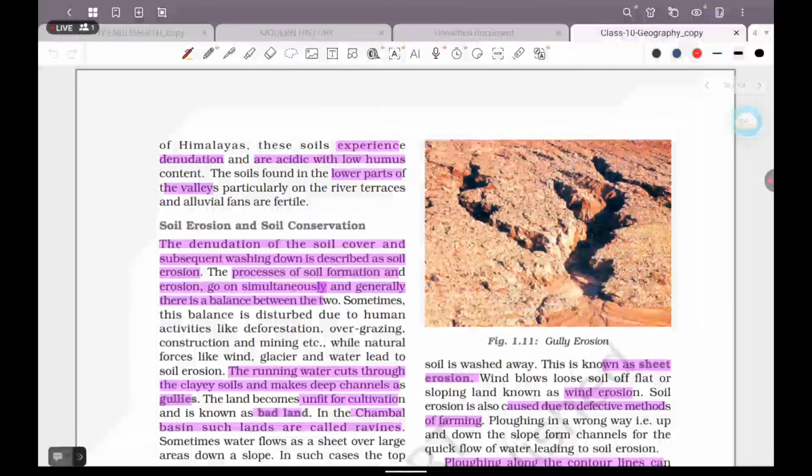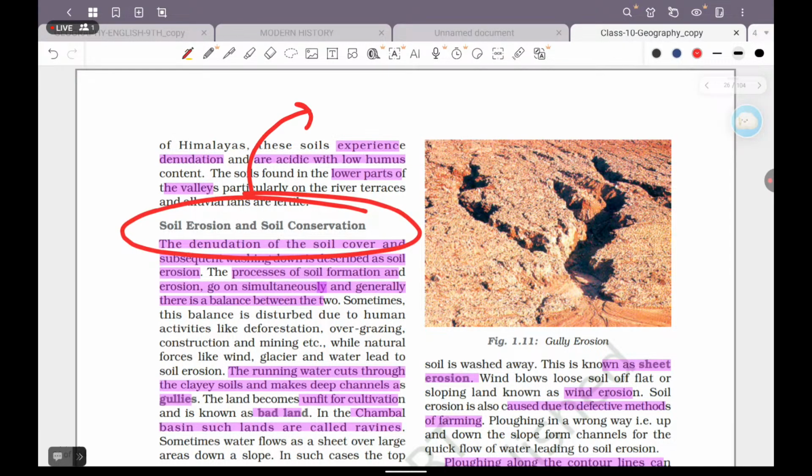So the next topic is the soil erosion and conservation. Soil erosion की बात करें, due to the human activities and even some of the natural activities की वजह से the upper layer of the soil starts, या तो leaching process या some of the other methods like the water erosion, wind, glacier.